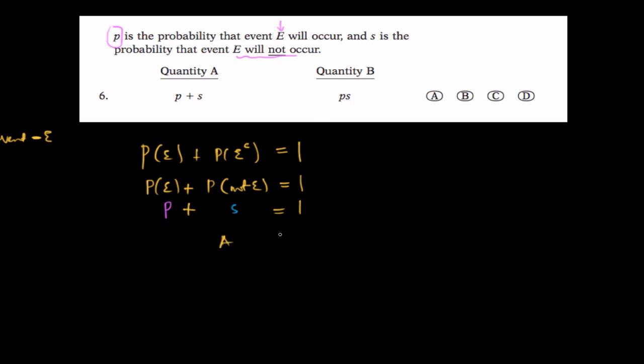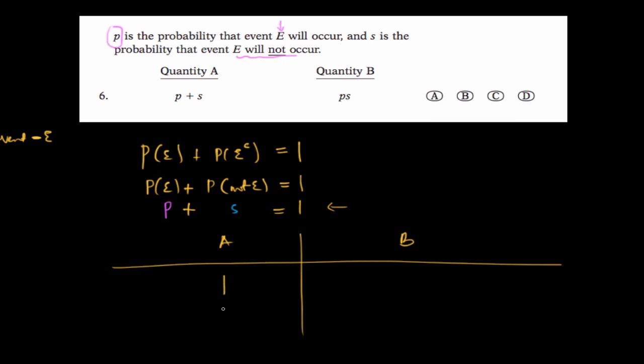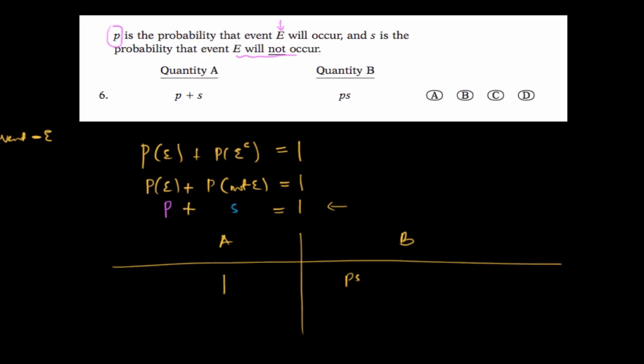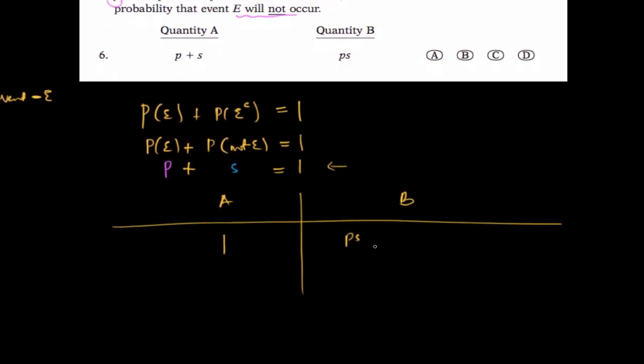So quantity A is P plus S, and P plus S from what we obtained here is 1. So quantity A is 1, while quantity B is PS. Now, how then do I determine the weight of quantity B?